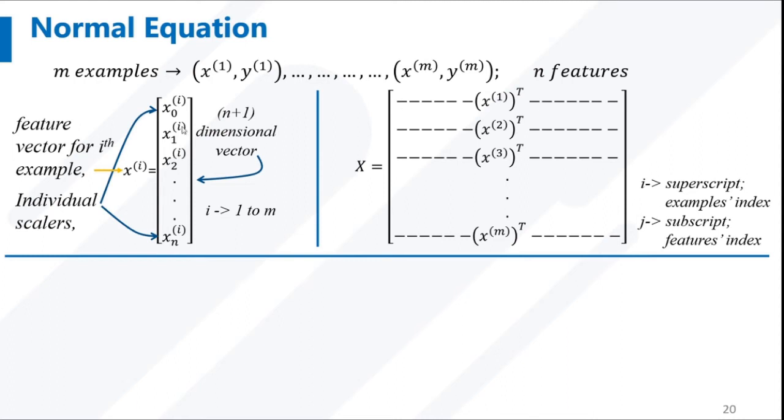That's why you have to transpose this column vector into a row. The first row will be the transpose of x^1, the first example, then the transpose of x^2, the second example, the third example, etc. So the first step is to form X, which is an m by n plus 1 matrix, because there are m rows and n plus 1 columns: the features are n, so the total including 1 is n plus 1.